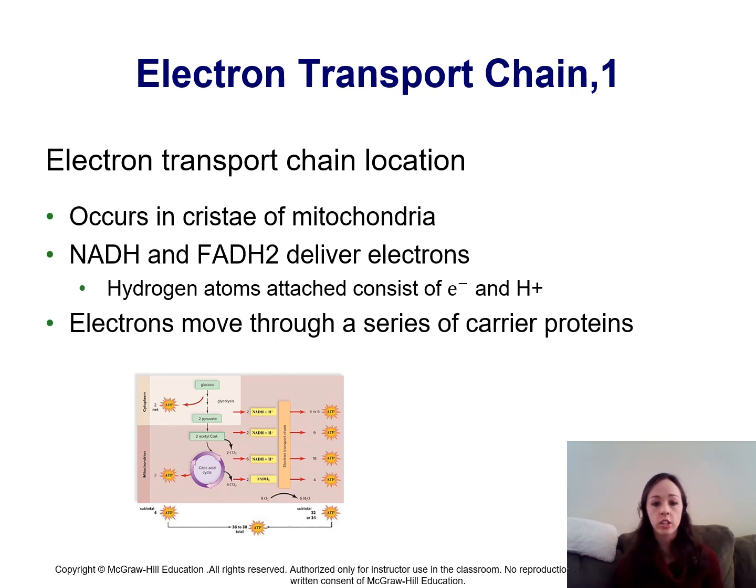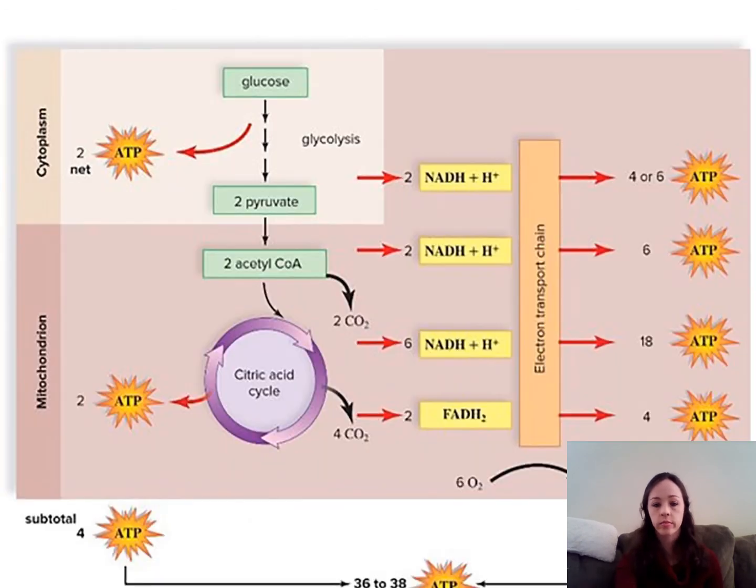The electron transport chain consists primarily of the electrons passing through a bunch of carrier proteins that are located within that inner membrane. As electrons move through the carriers, the electron's energy is formed into ATP. So we have 2 NADH from glycolysis, 2 NADH from the prep cycle, and then 6 NADH and 2 FADH2 from the citric acid cycle.